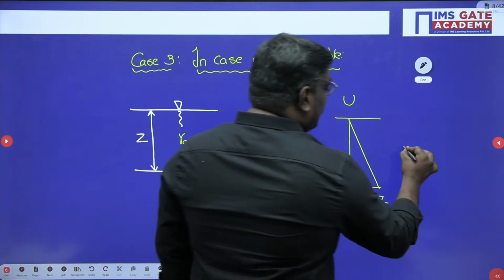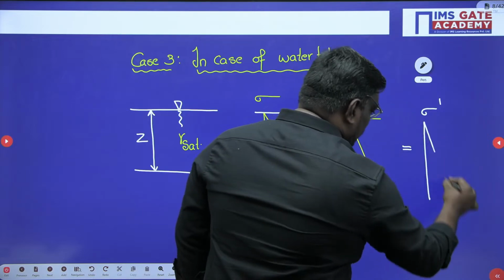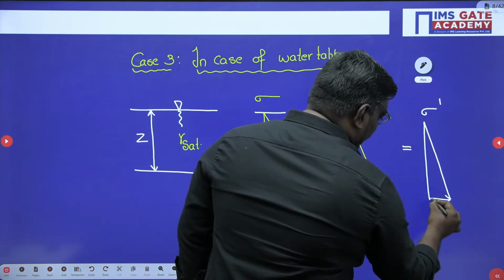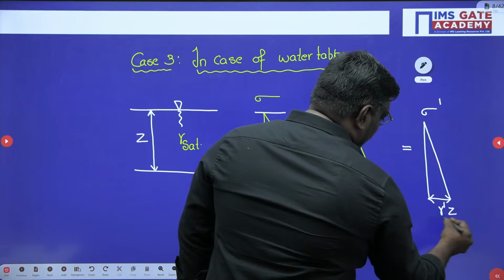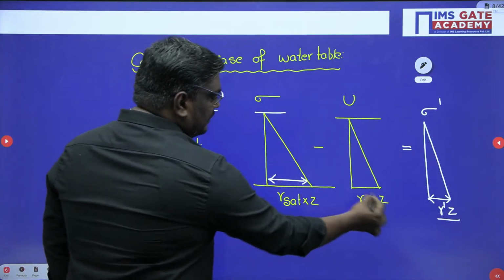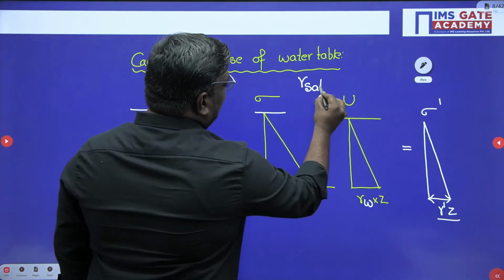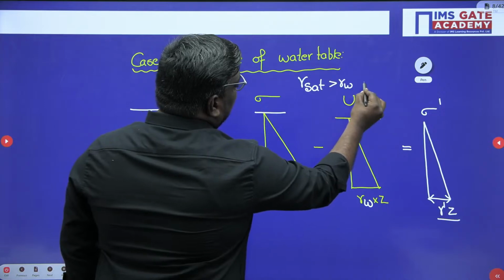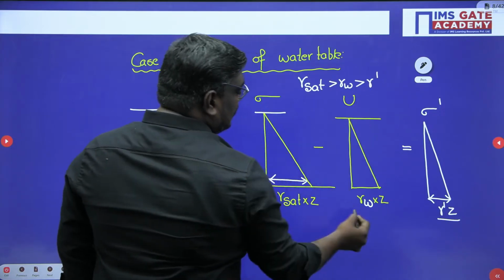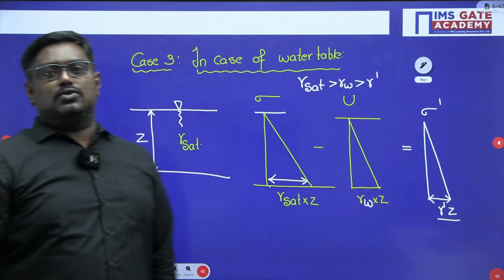Now what will be the effective stress, sir? Effective stress will be equal to gamma dash into Z. Sir, if you see here, I will tell you. If you see the lens here, here I am showing more, here I am showing less. Usually what happens, gamma sat will be greater than gamma W, which will be greater than gamma dash. That is the reason why I am showing this depth, this lens, small. Okay, you might have this question in mind.